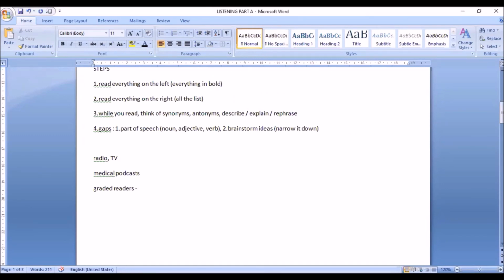These books are adapted to a certain level of language. They have fewer grammar concepts and easy vocabulary for the lower levels, of course. These books can also have recordings, so you can read the book, you can listen to the book, you can listen and read at the same time.